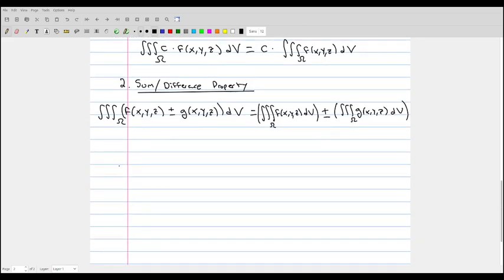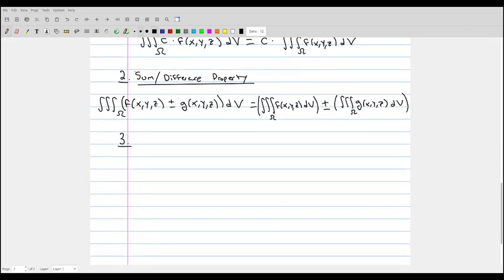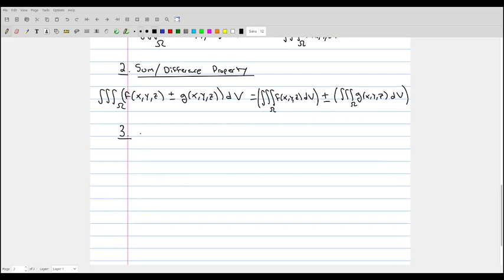The third big property that we have is the following. You can call it a domination property.